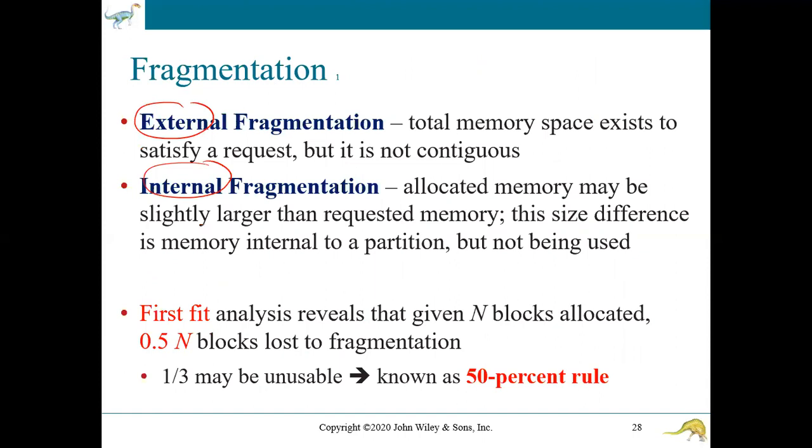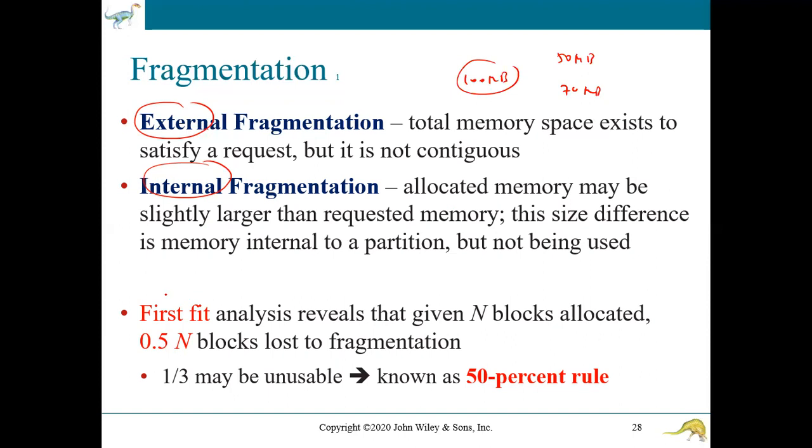External fragmentation is the total amount of memory space wasted because of non-contiguous holes, so you will not be able to use it. Give me an example, sir. For example, we have 2 holes. One hole is 50 megabytes. Another hole is 70 megabytes. But another process came in needing 100 megabytes. You will not be able to load it because none of these partitions are able to fit that.